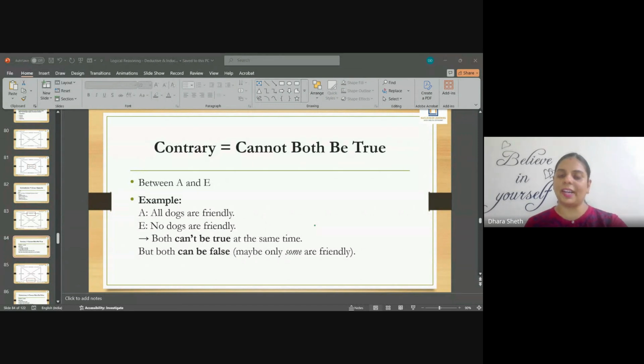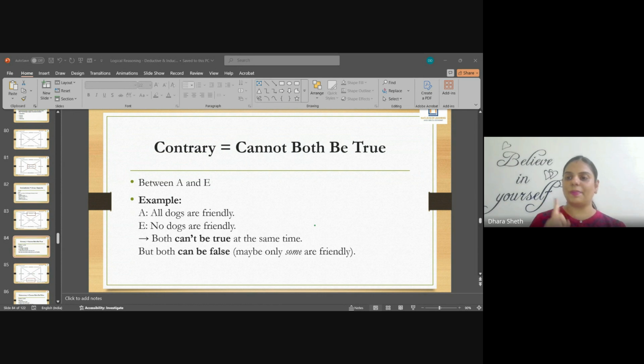All dogs are friendly, no dogs are friendly. Either A is true or E is true. But here it's again not either or. It's not an opposite relationship. What if only some dogs are friendly? Then both can be false. Both can't be true, but both can be false.